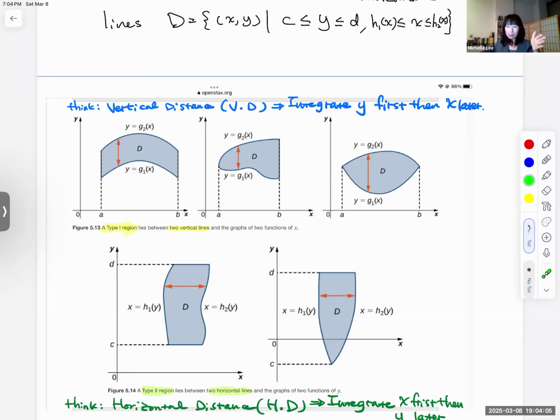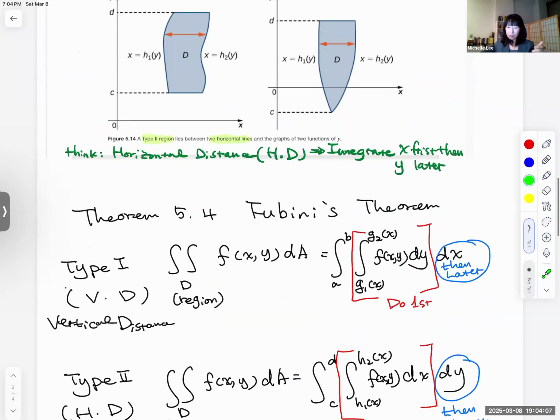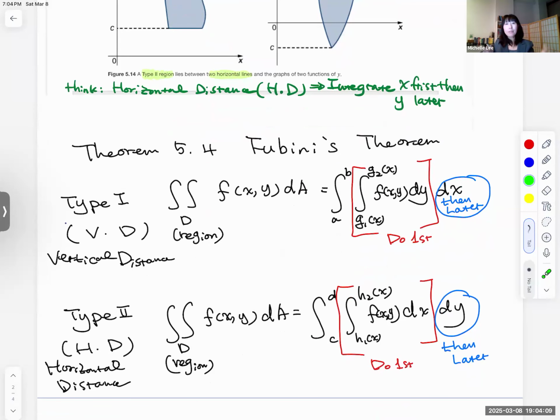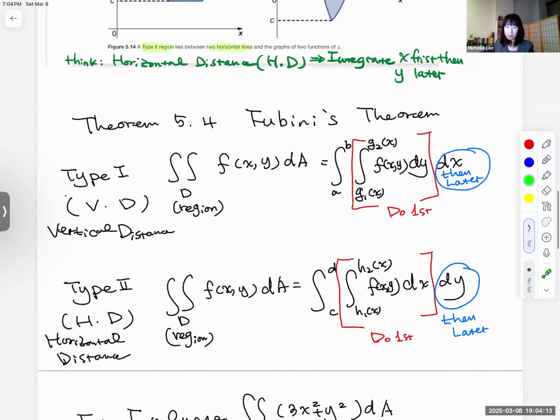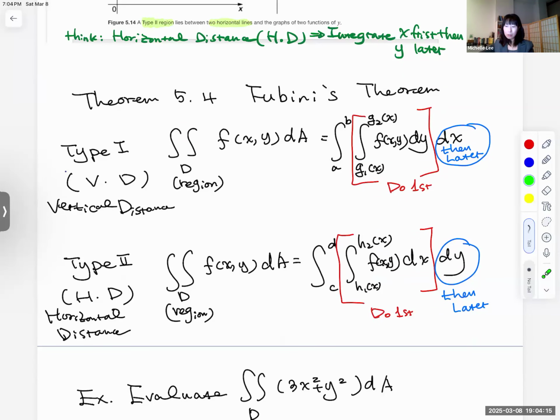Make sense? Okay, so we had Fubini's theorem last time, and it applies here too. Integrating dy means we integrate with respect to y first, then x later. Integrating dx means we integrate with respect to x first, then y later.